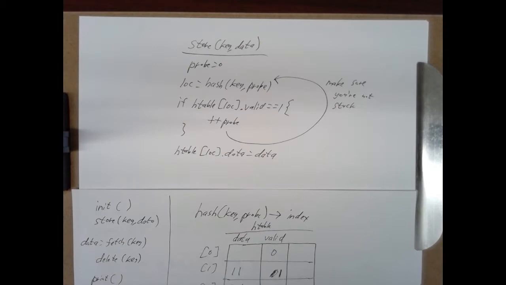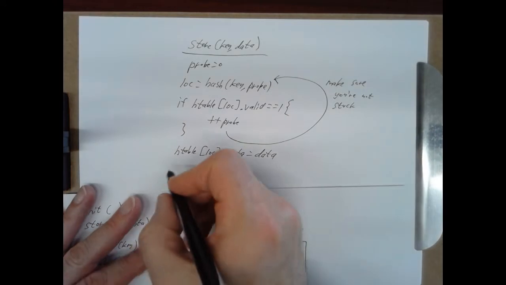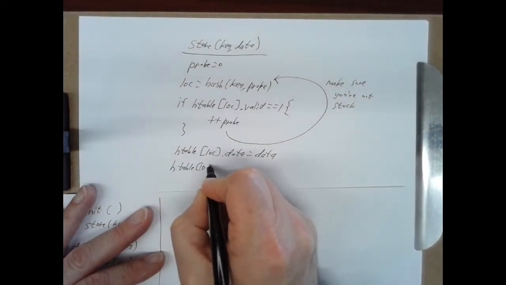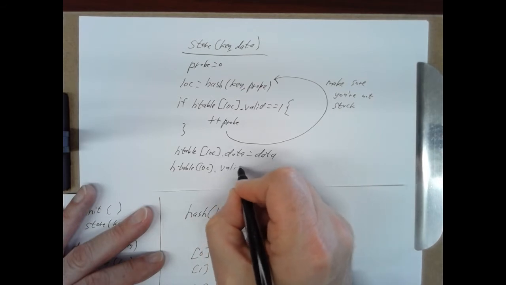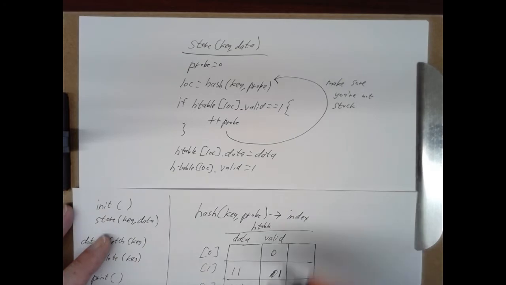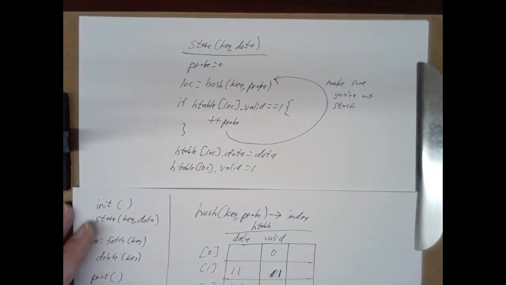So storing: initialize a probe to 0, hash your key with that probe, see if that location is available in the table. If it is, store it in the table and set its valid flag. If not, bump up your probe, rehash, try it again.